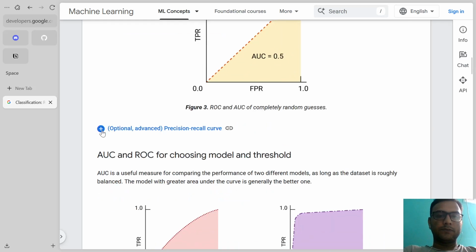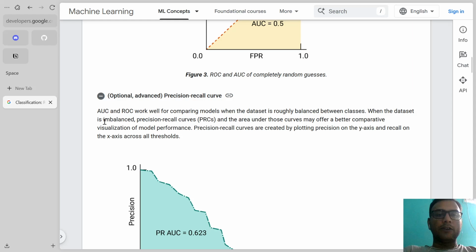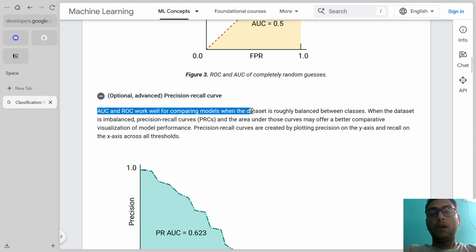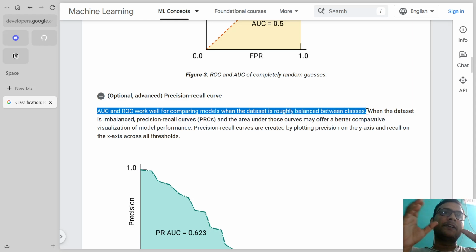Okay, let's read a bit more. The nature of the data set. AUC and ROC only work well when the data set is balanced, meaning it contains both positive and negative classes. So if the data set is balanced, then you can pick these metrics, AUC and ROC curve, and check the performance of the model.